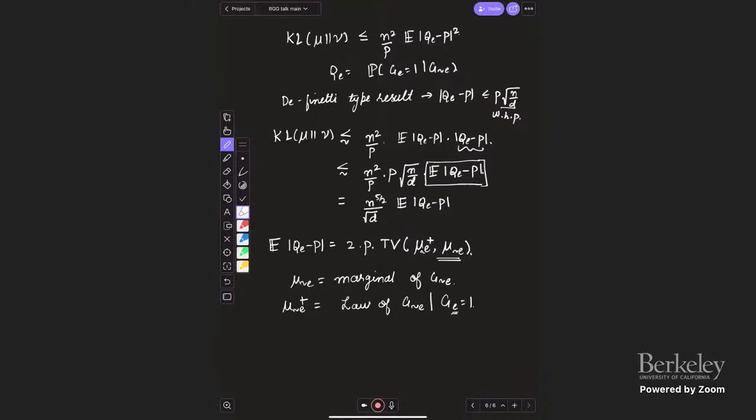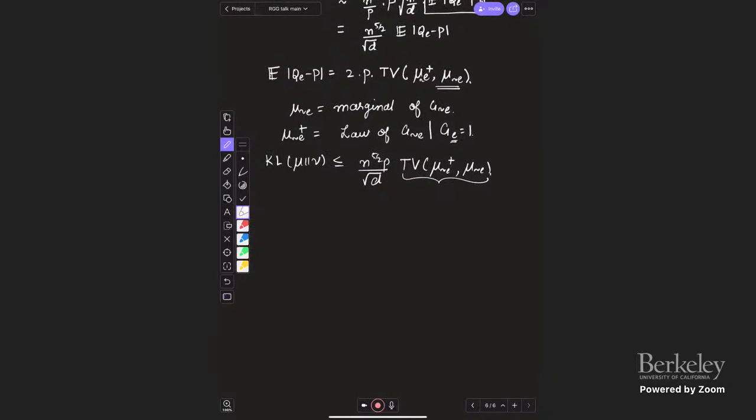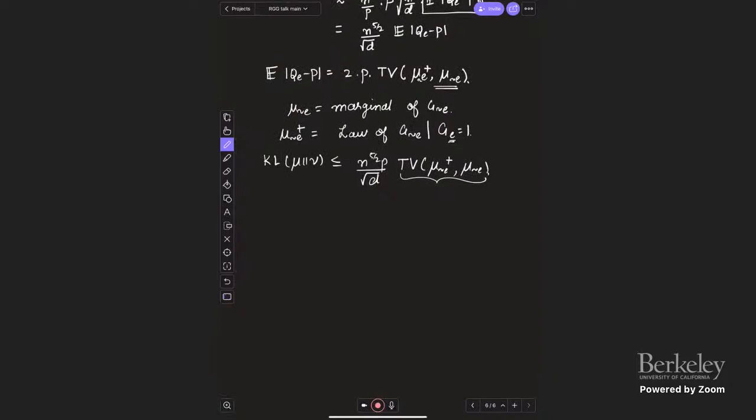Okay. Now continuing on with the previous bound, we have KL between mu and nu is at most n to the 5 over 2 P over square root D times total variation distance between mu tilde E plus and mu tilde E. Now, once we have expressed this as a total variation distance between these two funky probability measures, we can use a lot of tricks associated with how we bound total variation distances typically.